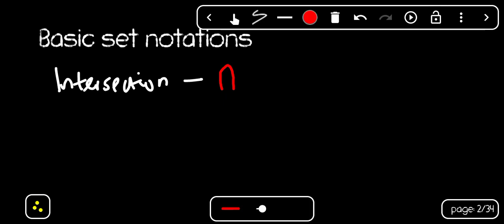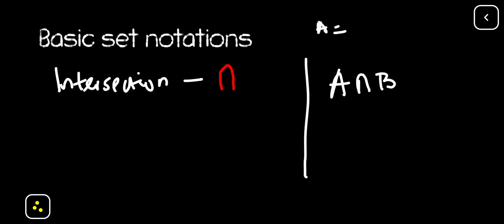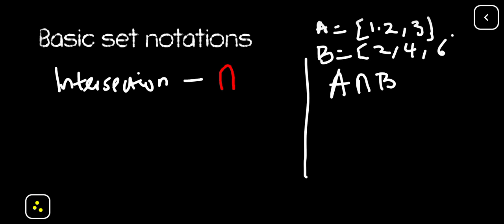So most times you see a question asking you to find, possibly, what is A intersection B. So let's say you have a set where A is equal to 1, 2, and 3. All right, and B is equal to 2, 4, and 6.